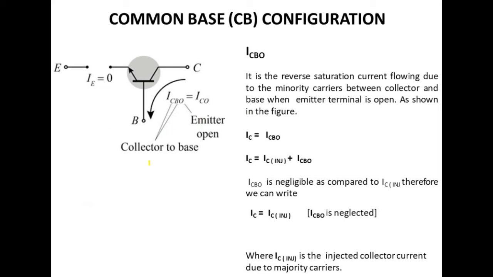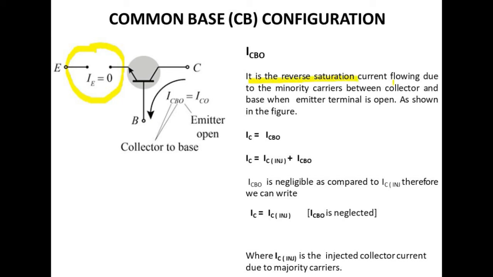In this figure, we have studied ICBO, the reverse current with the emitter terminal open. So in this figure we see that the emitter current is 0 because there will be no voltage applied here. Here we see that the emitter terminal is open. Then whatever current will be flowing will be between collector and base due to the reverse biasing that we have already seen.